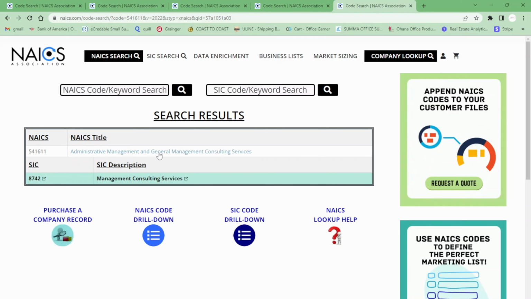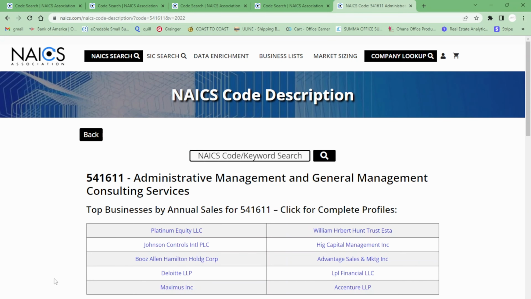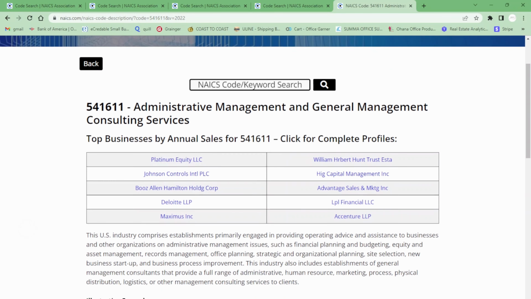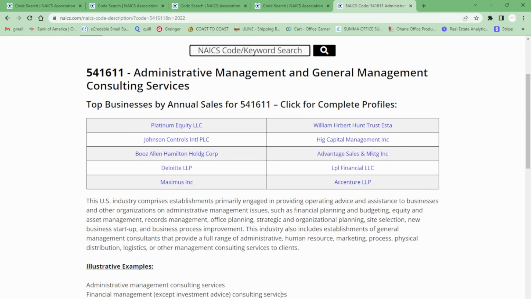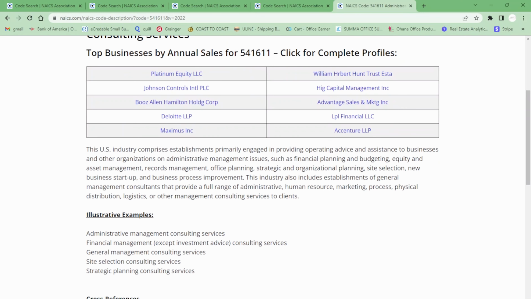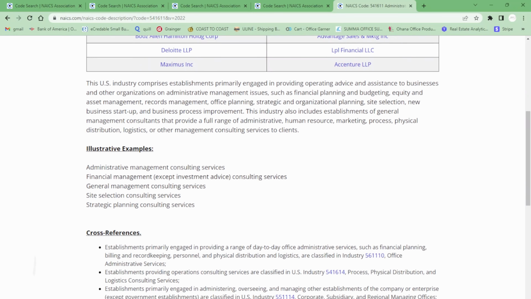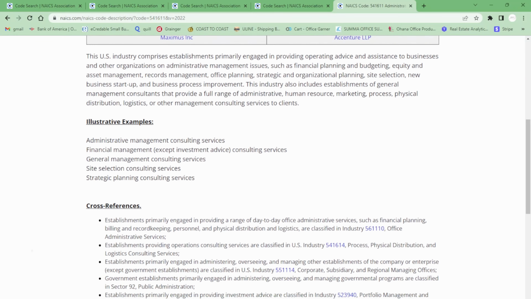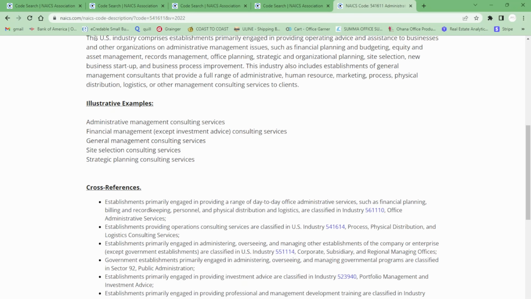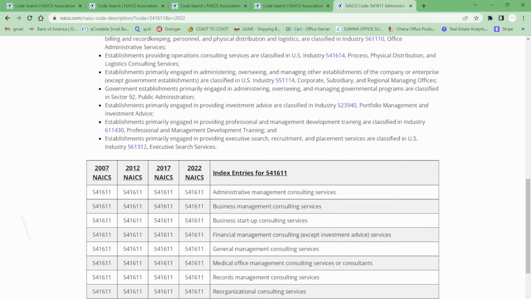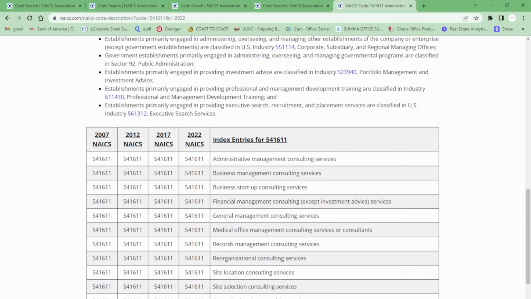Click the top. Right here, this is pretty much a general code, it covers pretty much everything. You can pause the video to read through here, or you can simply go to naics.com and look it up yourself. But here are the industries that fall under this code.